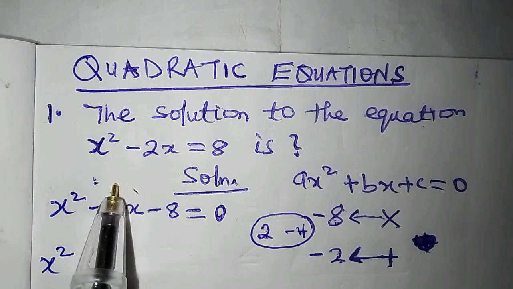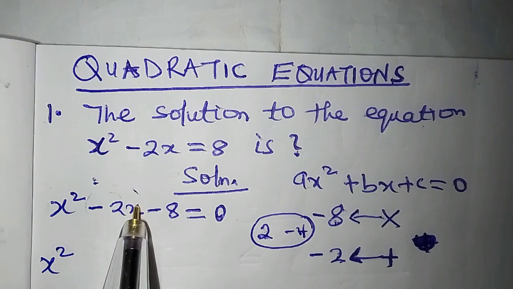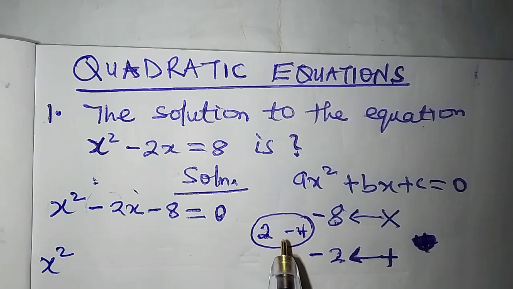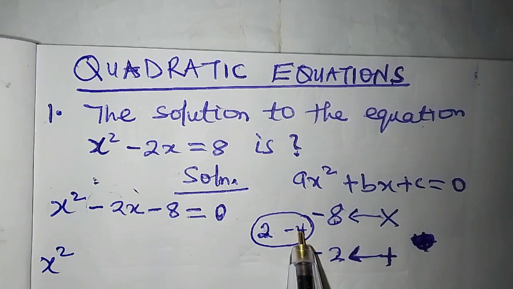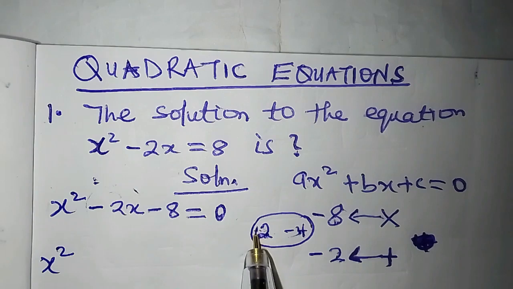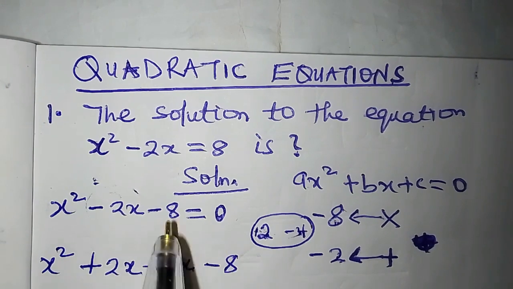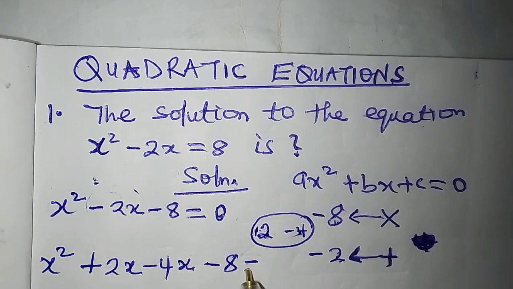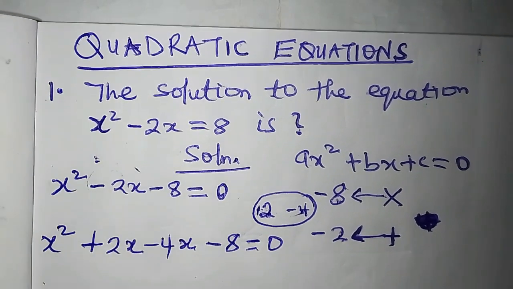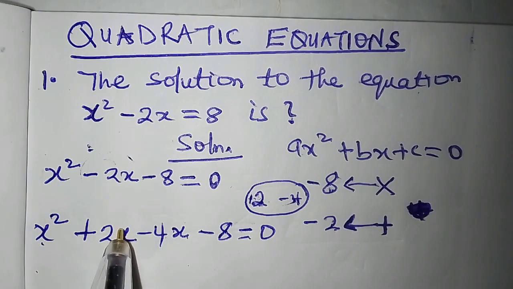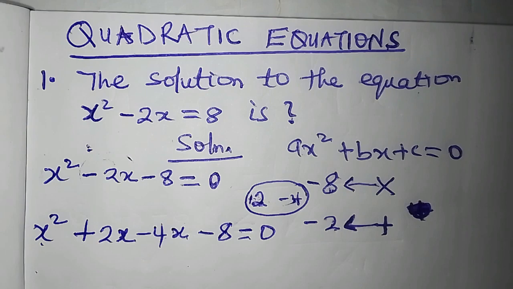In place of minus 2x, I will write plus 2x minus 4x, then this minus 8 will still remain, equal to what? 0. I have 4 terms here at the left hand side, so I will factorize by grouping them in 2's.